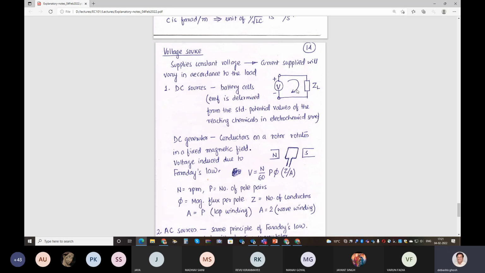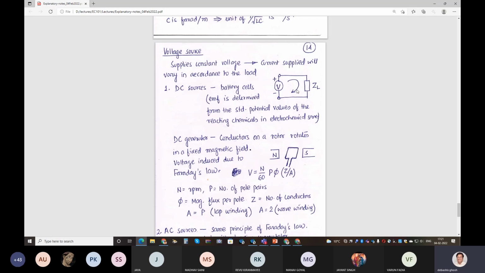Similarly, instead of a heater, if you plug in a 100-watt bulb, you can understand that the current will be different. You can again calculate that V square by R will be equal to 100.